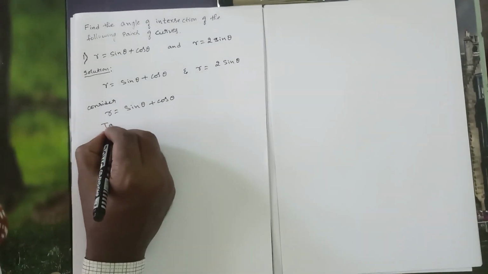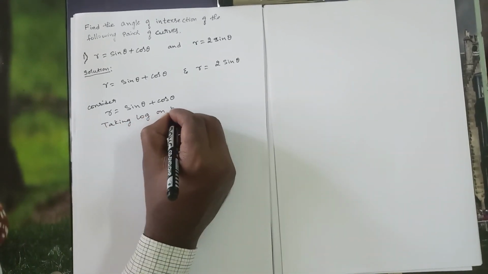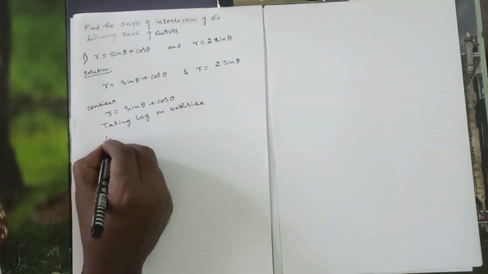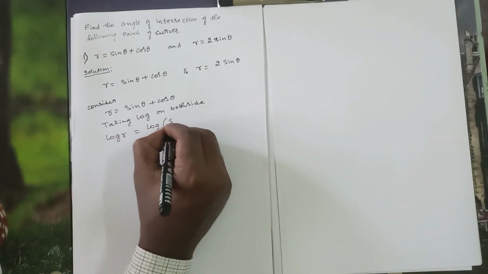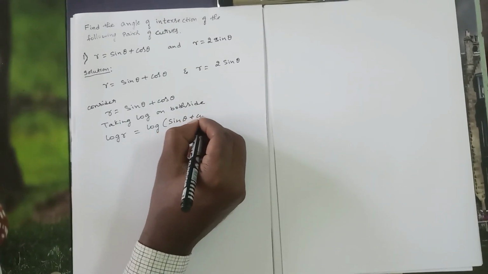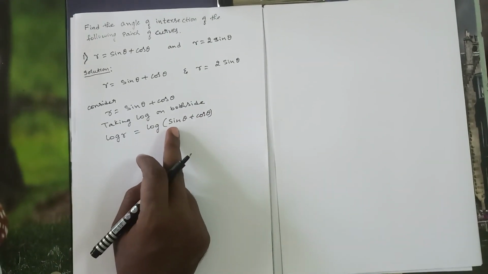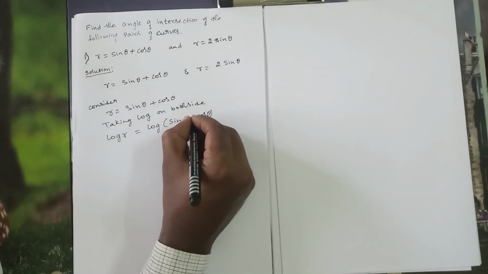So taking log on both sides, what do you get? This becomes log R equals log of sin theta plus cos theta. Here you can't apply logarithm, so keep as it is.